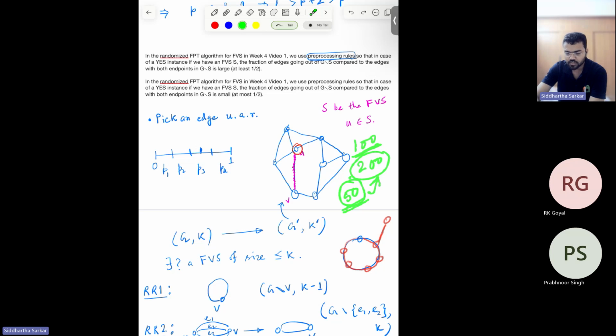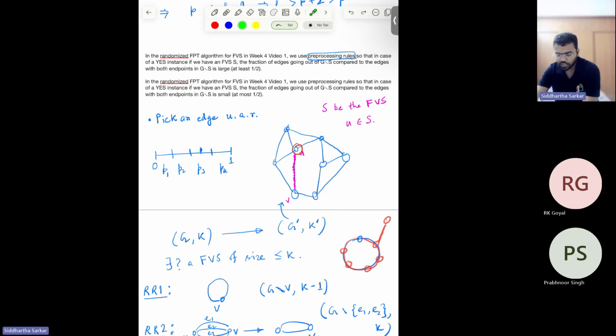Then there are 50 edges incident to it. So out of the 100, we are picking an edge uniformly at random, so there is a 0.5 chance that we will pick an edge incident to this high degree vertex, because 50 edges are incident to it, whereas overall there are 100 edges.